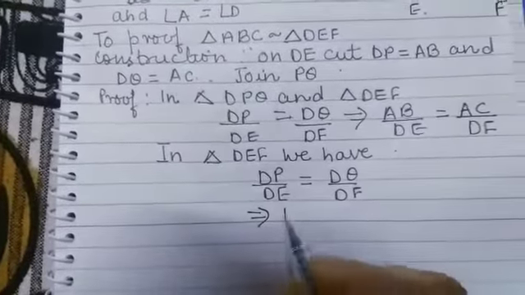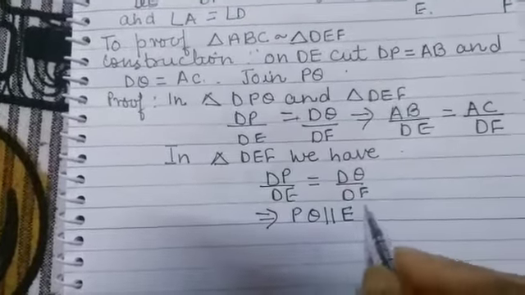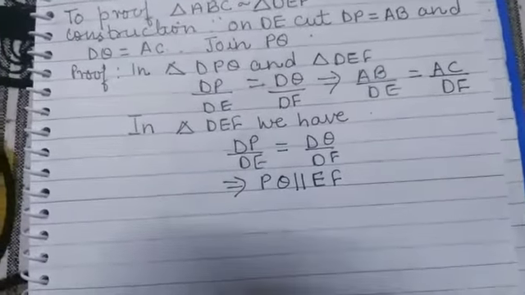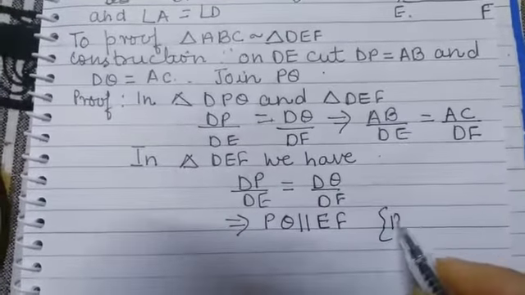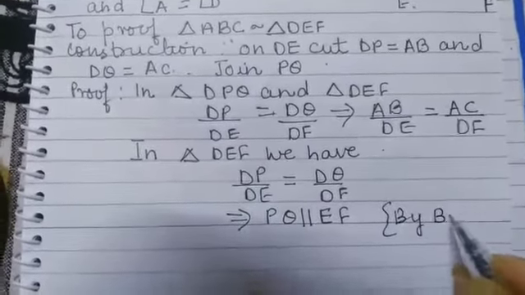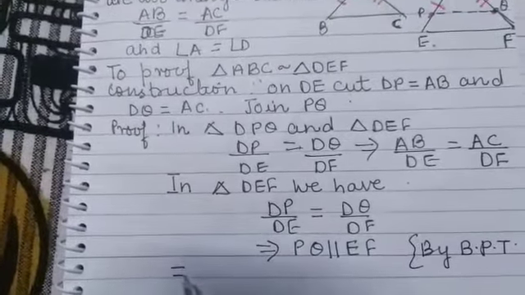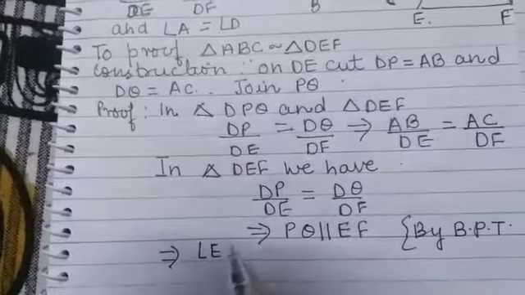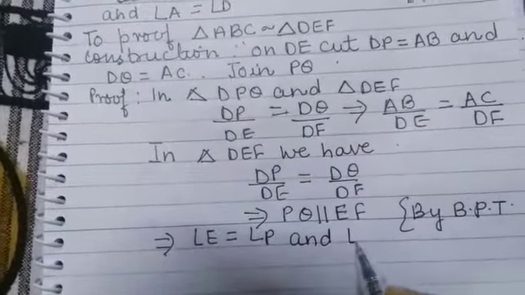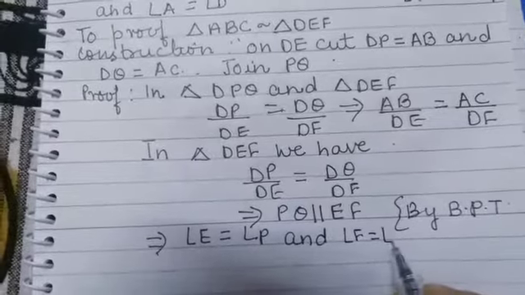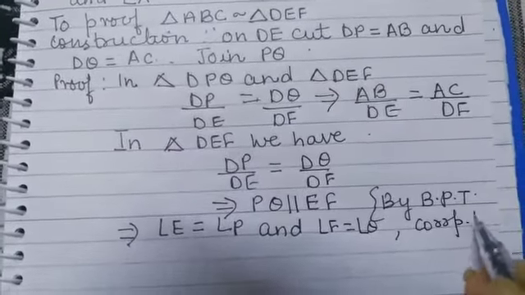It means PQ is parallel to EF, by BPT. So what will we come to? Angle E is equal to angle P and angle F equals to angle Q. Why? Because they are corresponding angles.